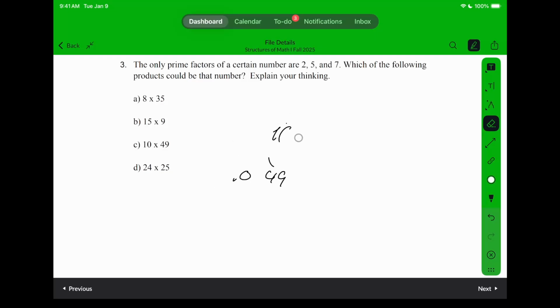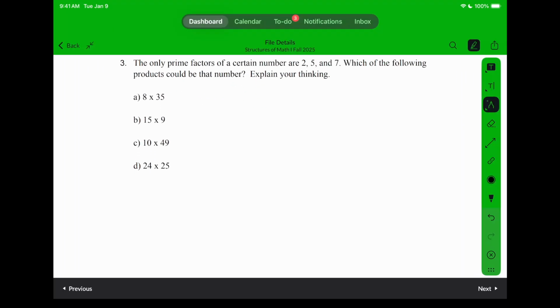Instead of multiplying it together just to split it apart, we can essentially just break down each number now. We just start splitting.